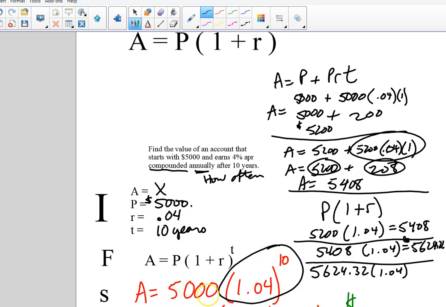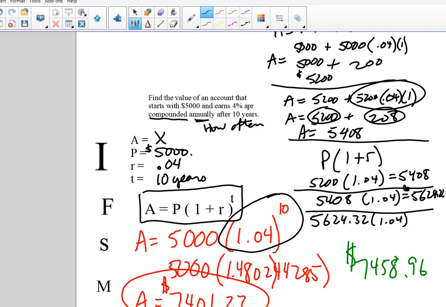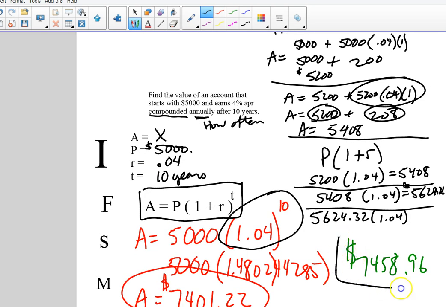So if I take my 5,000 and multiply by 1.04 10 times, that gets me to how this formula is generated. The T is the number of times that you are compounding. And if I did it 10 times, you'd see that I would get this number down here in the red.